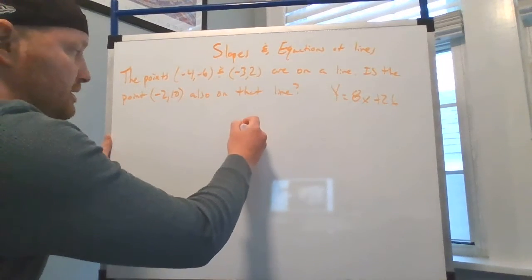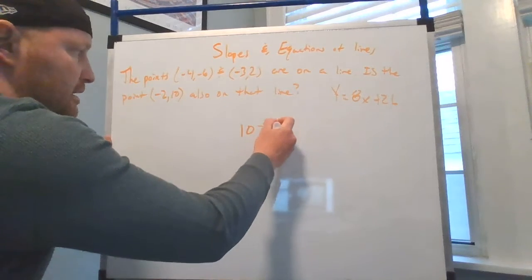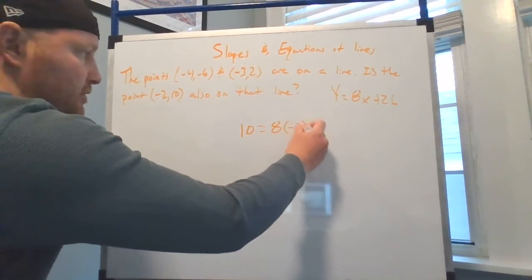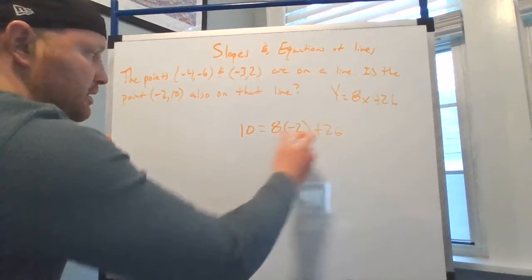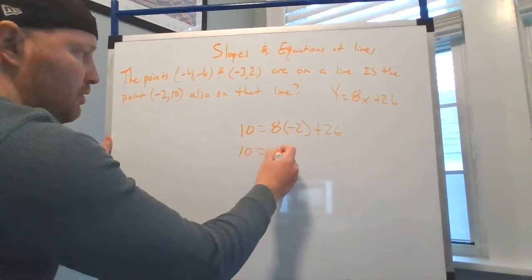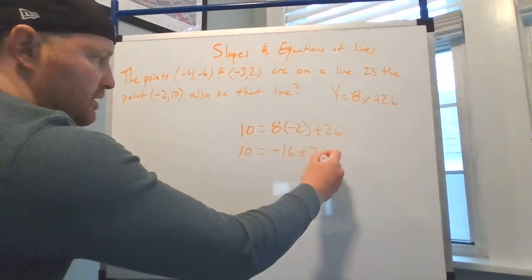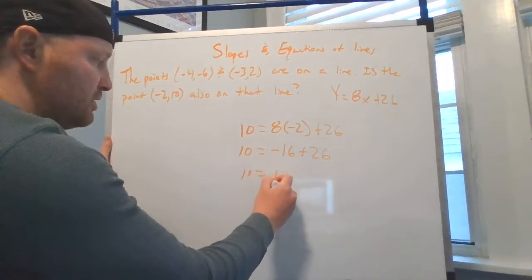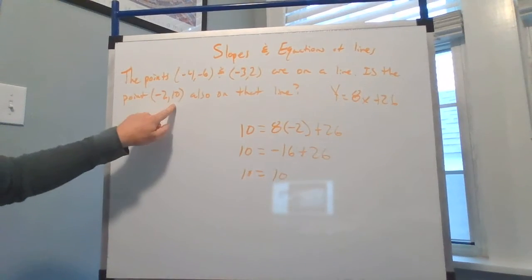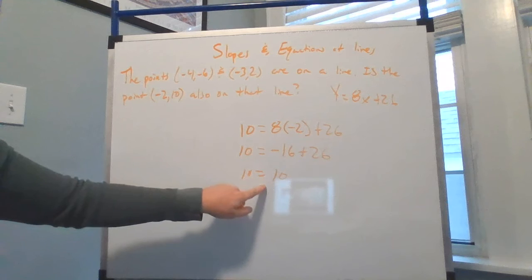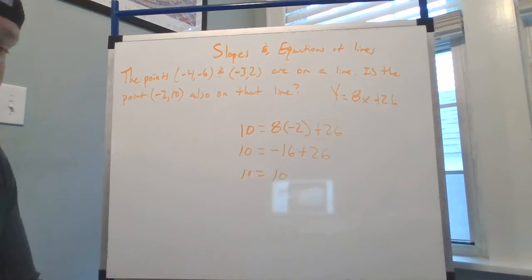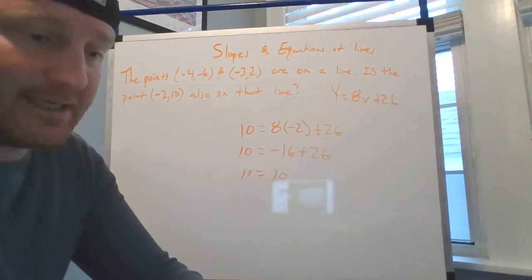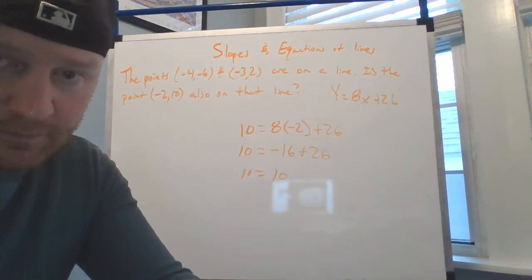So if 10 is the y, 8 times -2 plus 26, 10 equals -16 plus 26, and 10 equals 10. Yes, this point is on this line because we proved it true using math. That is as basic as it is. Back in 1 second.